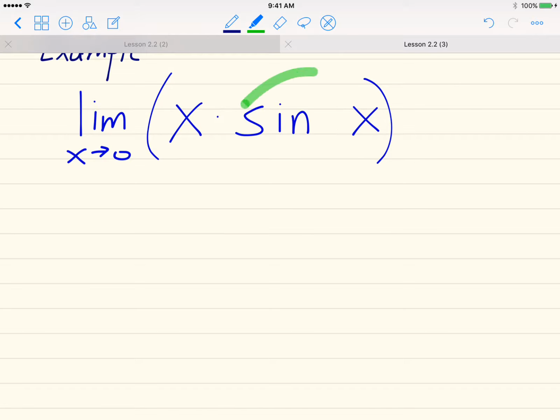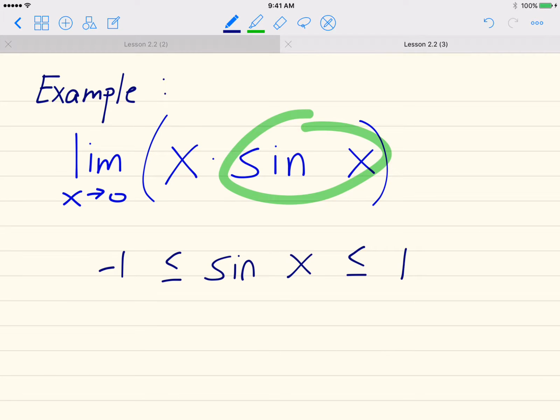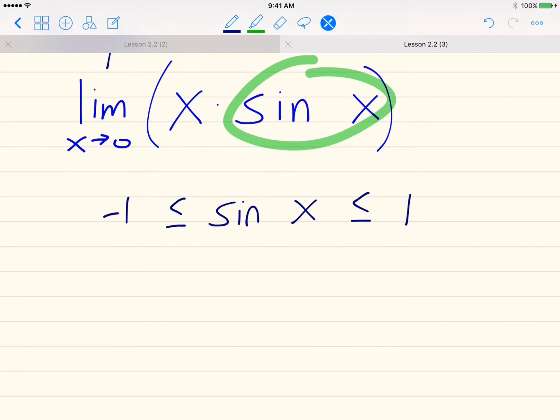So to use the squeeze theorem, usually we start with sine or cosine because the values of sine and cosine will oscillate between -1 and +1 and anything in between. So this is what we know: that -1 is less than or equal to sine of x, and sine of x is less than or equal to +1.